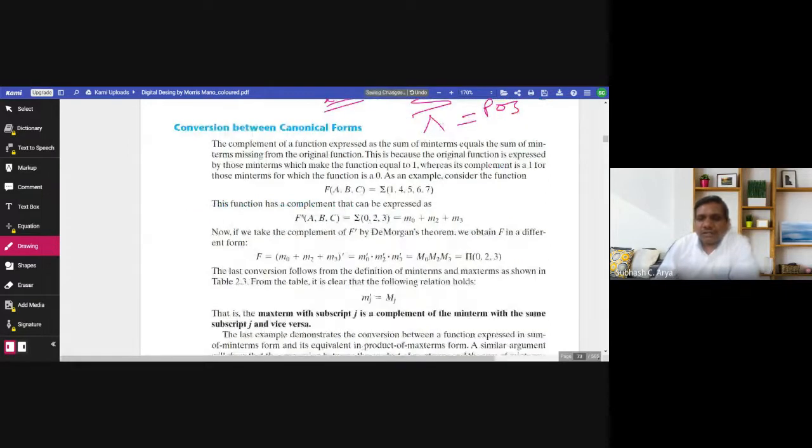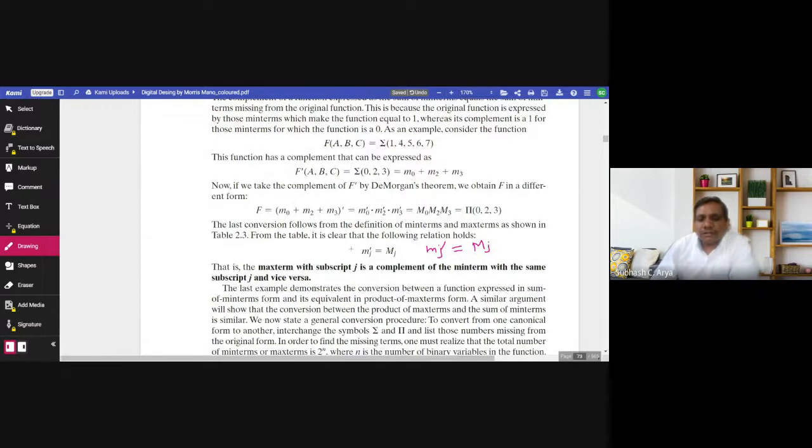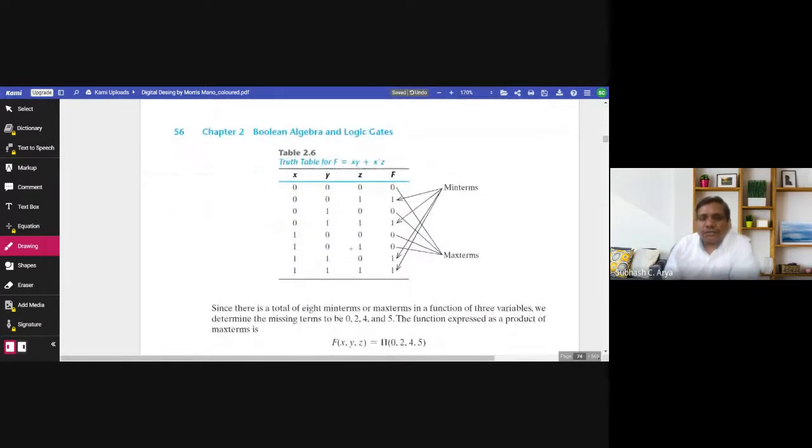Then there is a relation between min term and max term, that is, the complement of a min term is the max term: m j complement is equal to capital M j. In table 2.6 we can see, suppose f is given as xy plus x bar z, so that is the SOP expression, and the truth table is written here, xyz, three variables from 0 to 7. Then f is equal to 1 wherever xy is true.